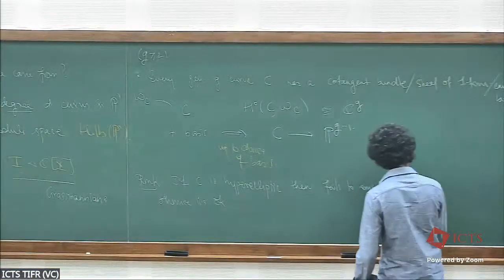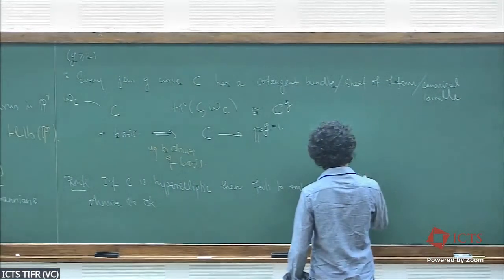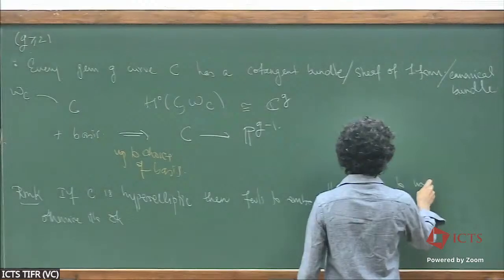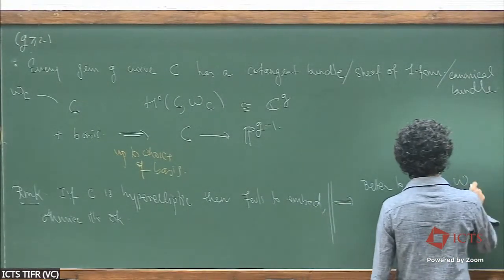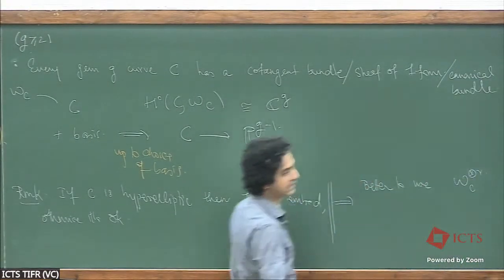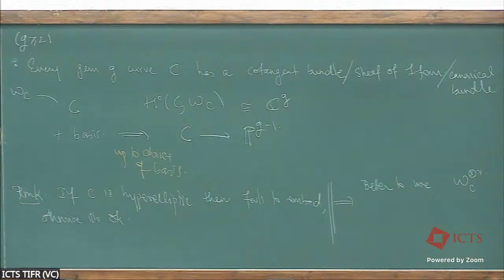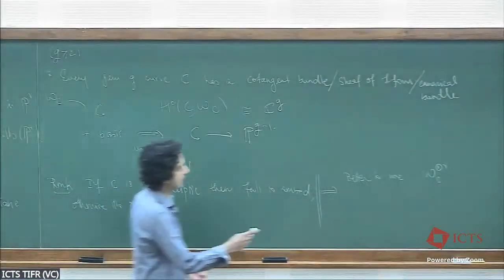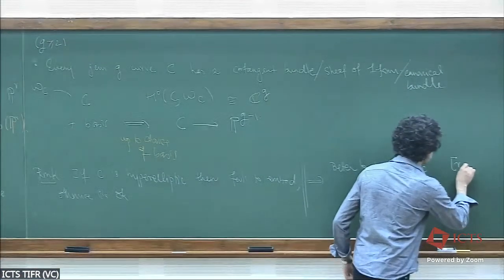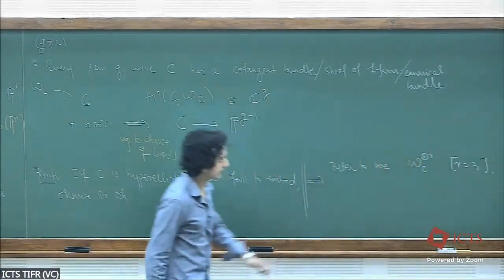So as a consequence of this, it's better to use another line bundle, which is some tensor power of omega C. Okay, so it turns out that once you take r equals 3, this is good enough.